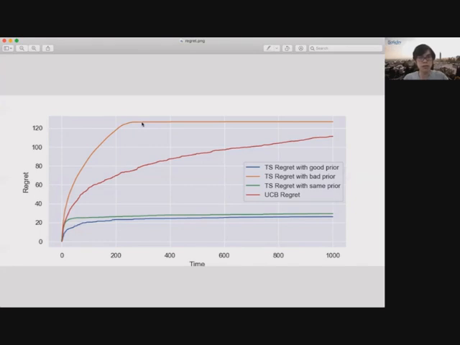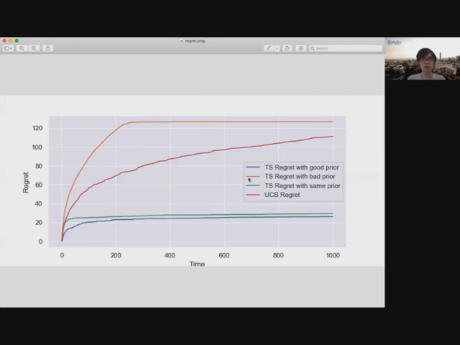So the simulation is showing you that the performance of UCB is intermediate between Thompson sampling when we have a good prior and Thompson sampling when we have a bad prior. All right, so in other words, if we have some good information about reality and we incorporate it into Thompson sampling, then this is going to help you.